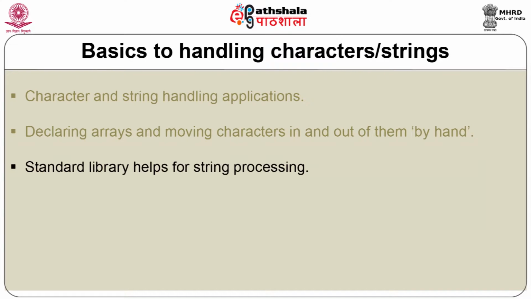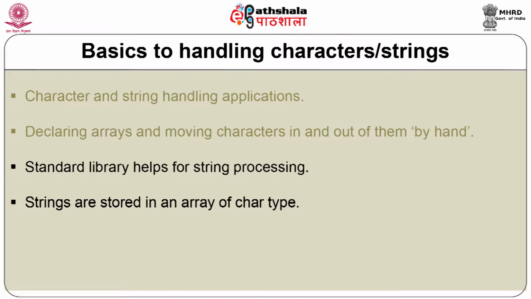The standard library contains a lot of functions to help string processing, but the fact remains that it still feels like a hard job. Strings are stored in an array of character type along with a null terminator character, and that null terminator character is written at the end as \0.